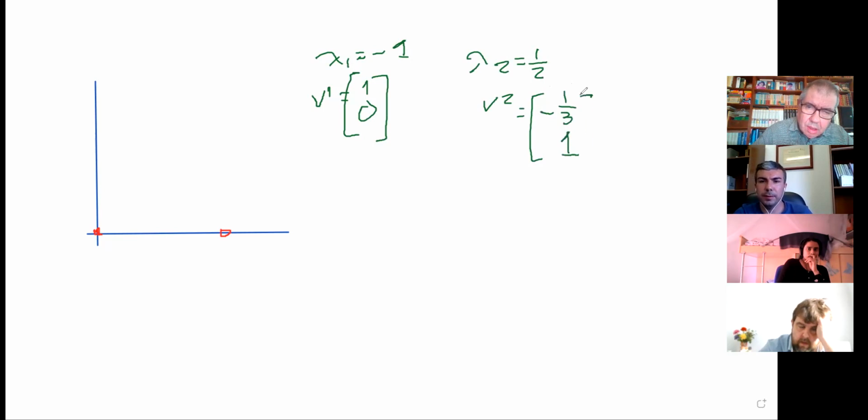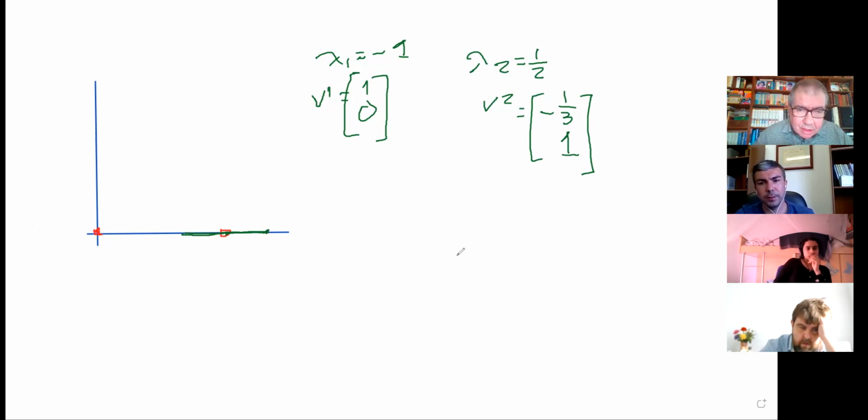Now, 1, 0 is something like this, but what is important is this straight line. This is the direction defined by the eigenvector. You see?